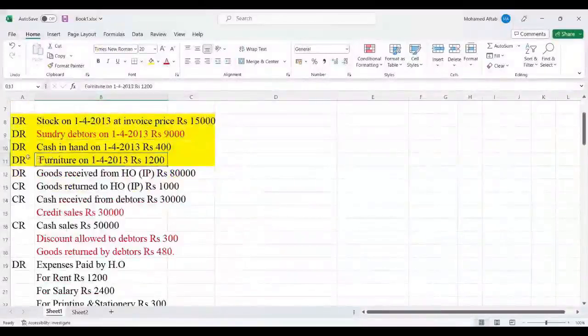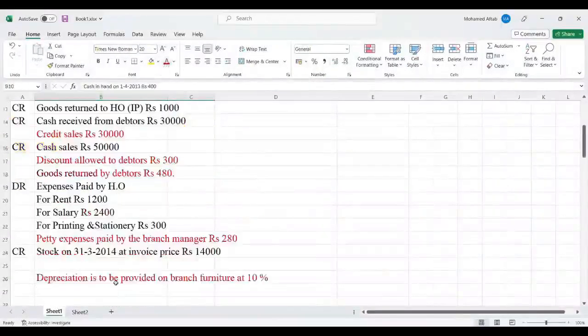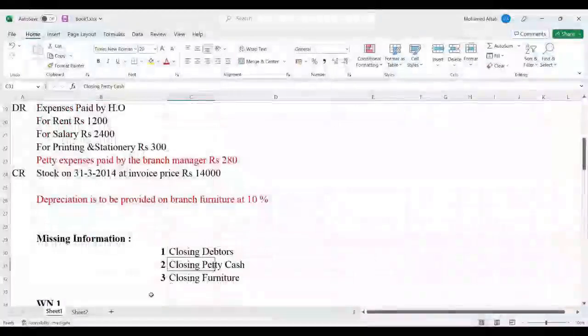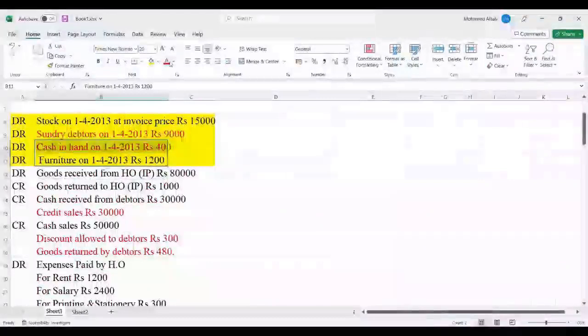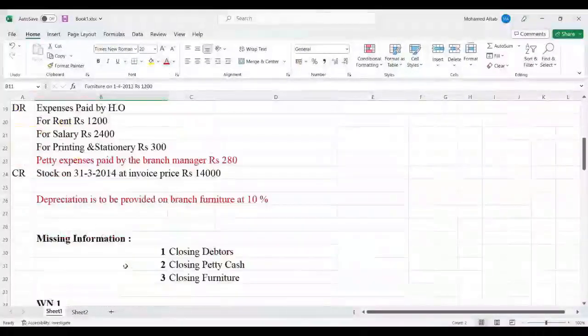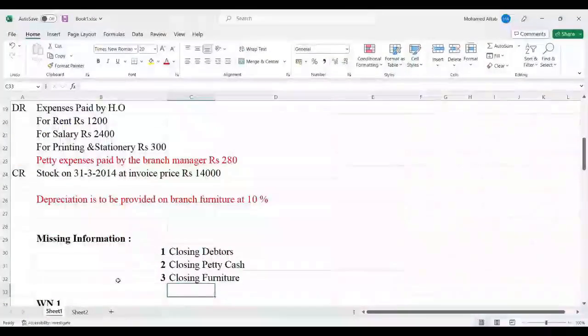And cash in hand, opening you can see, but closing is missing. So definitely closing you should calculate. Furniture also same thing. Opening is there, but closing is missing. So overall in the problem, 3 entries are missing. That is closing debtors, closing petty cash, and closing furniture.